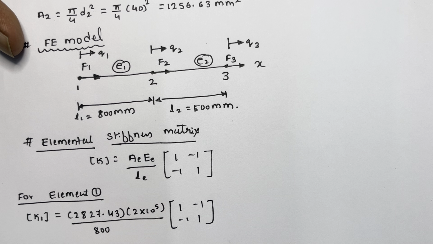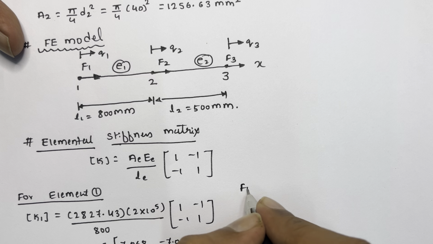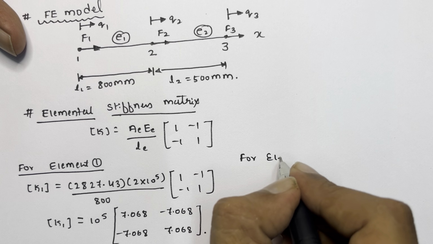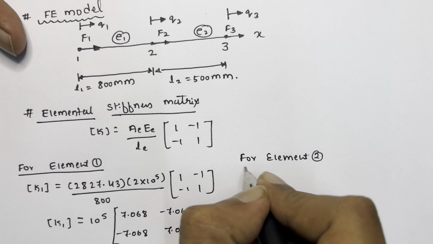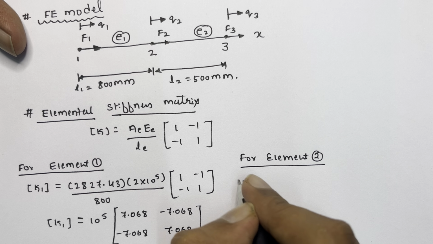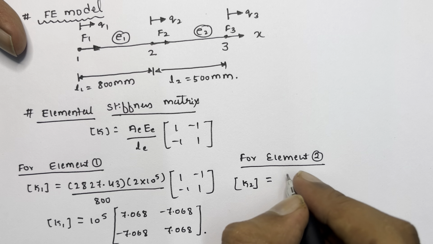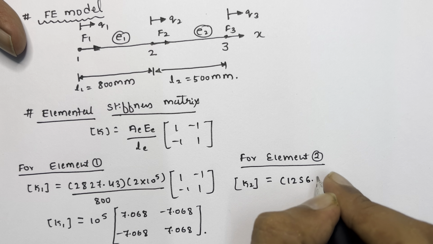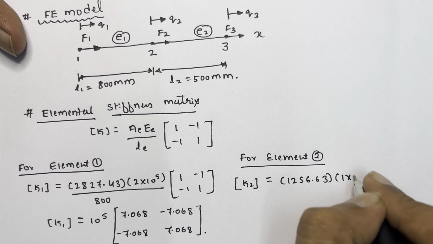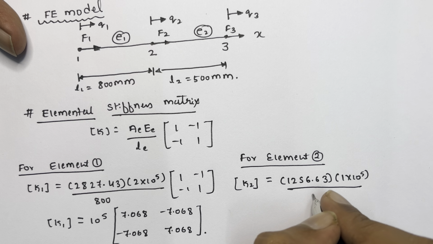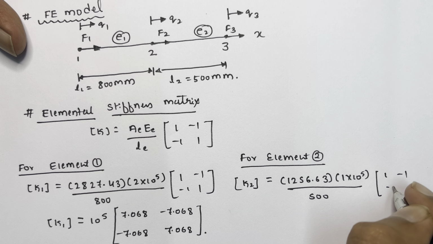After solving, we'll get K1 is equal to 10 raised to 5 times the matrix 7.068 minus 7.068, minus 7.068 7.068. Okay, similarly for element 2, K2 is area 1256.63, and Young's modulus is 1 into 10 raised to 5, divided by length 500, times the matrix 1 minus 1, minus 1 1.